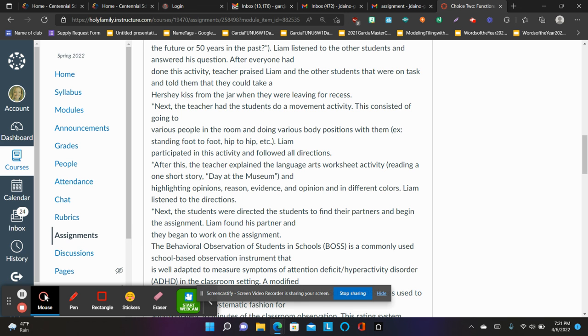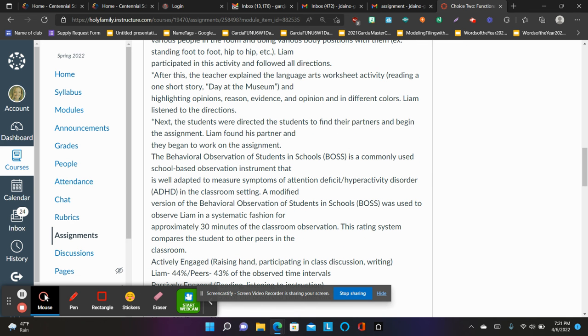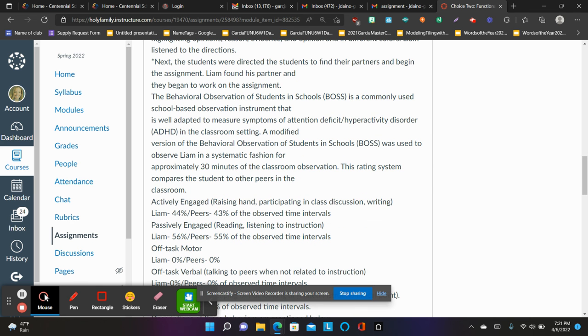This consisted of going to various people in the room and doing various body positions. After this, the teacher explained the language arts worksheet and highlighting opinions, reason, evidence, and opinion in different colors. Liam listened to the directions. Next, the students were directed to find their partners and begin the assignment. Liam found his partner and then began to work on the assignment.